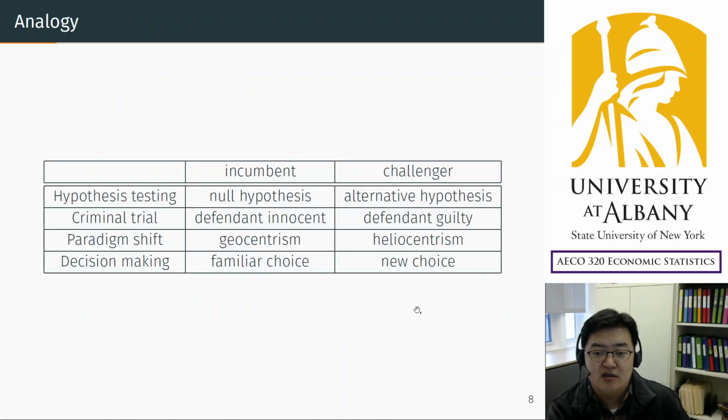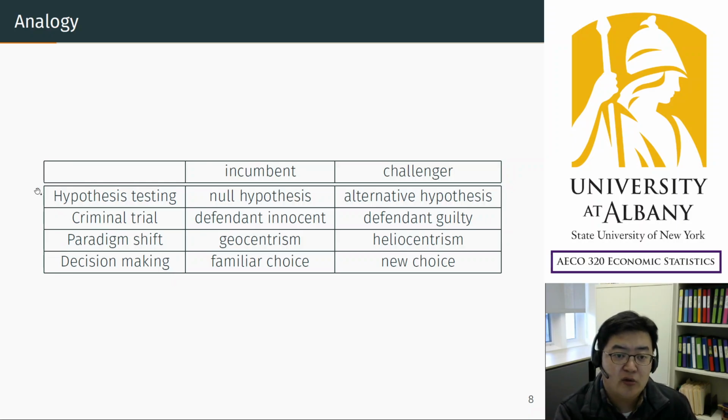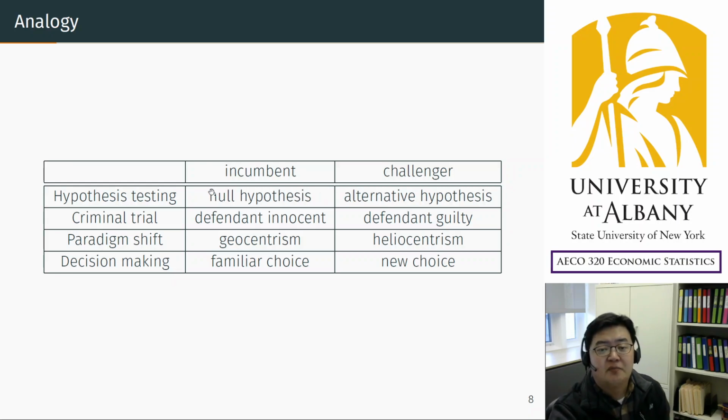So in our four examples, all can be understood in a similar manner, right? In hypothesis testing, the competition is between the null hypothesis and the alternative hypothesis. But the null hypothesis is the incumbent, the favored position, and the handicapped challenger position is the alternative hypothesis.